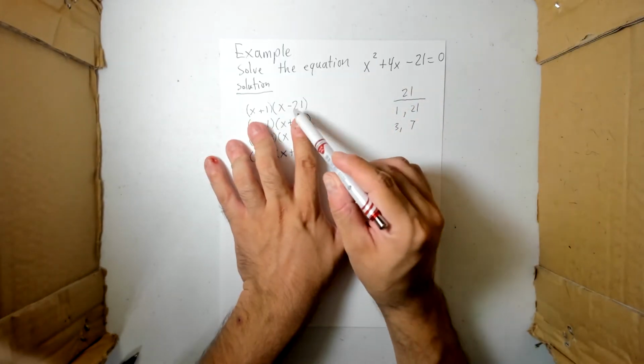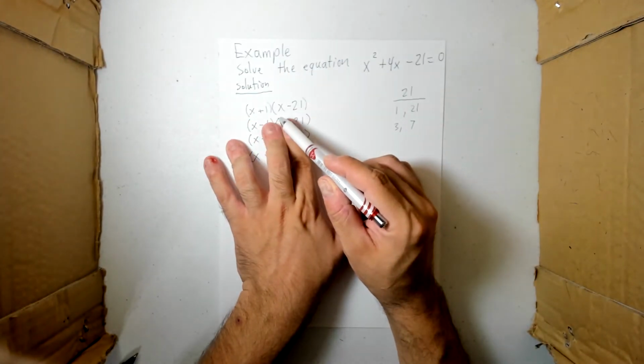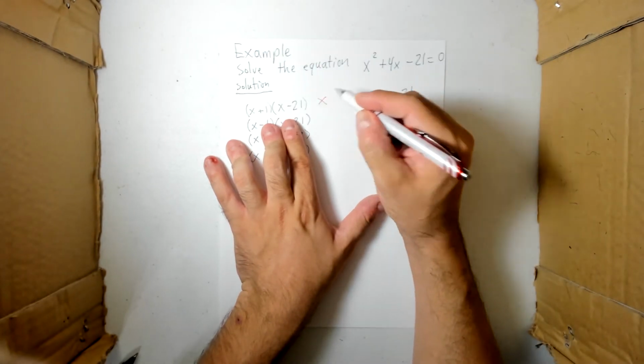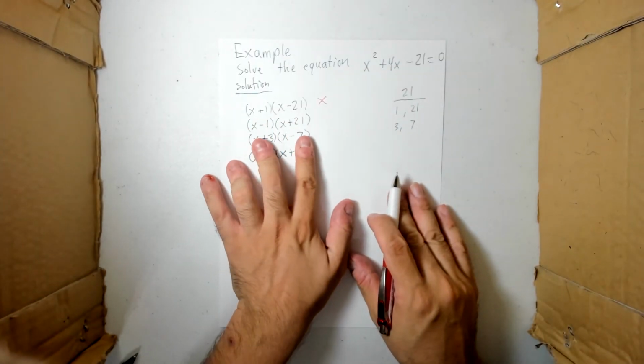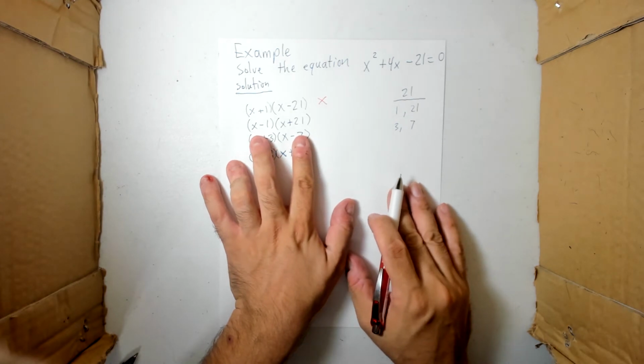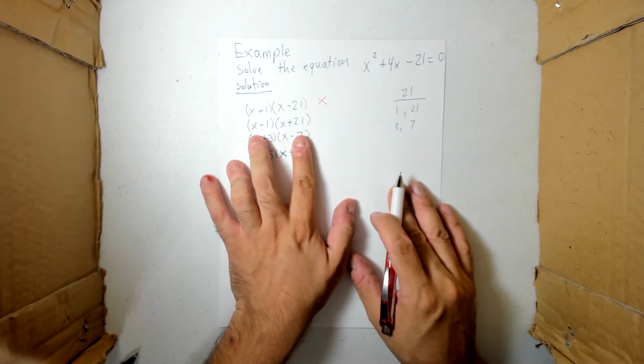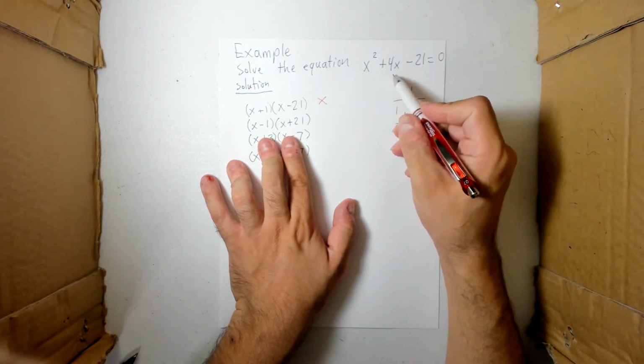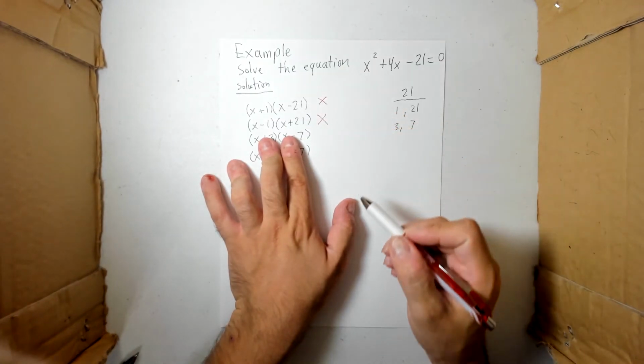So we can eliminate this one from consideration. Here, this is plus 21x minus x, which is plus 20x, not plus 4x. This one is eliminated from consideration.